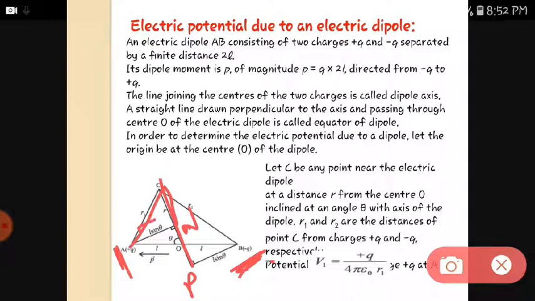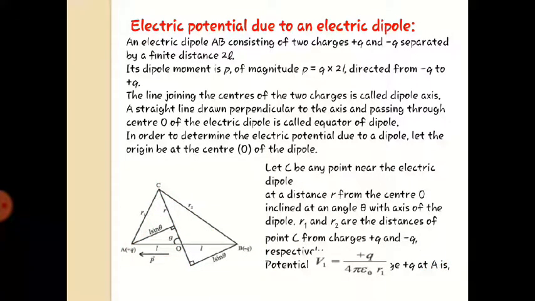So to find out R1, I am considering this is similar to this length, if we consider A. So this is nothing but CO minus ON, and for this dipole it will be CN plus NP. In a way it is plus for A, and for B it will be minus. Alright, and what is this distance? This distance is L cos theta.